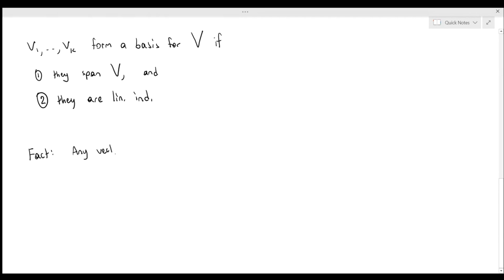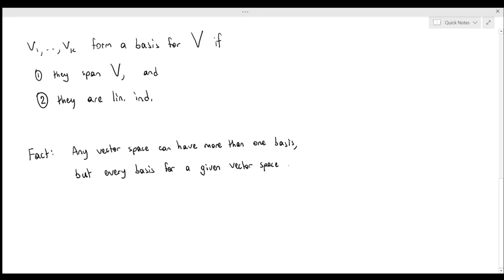Any vector space can have more than one basis, but every basis for a given vector space will have the same number of vectors in it.